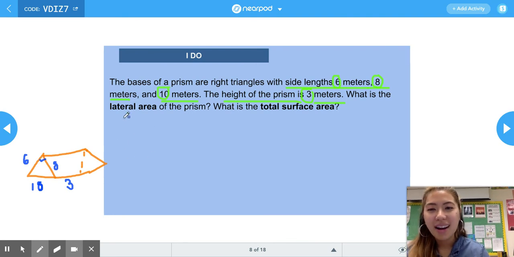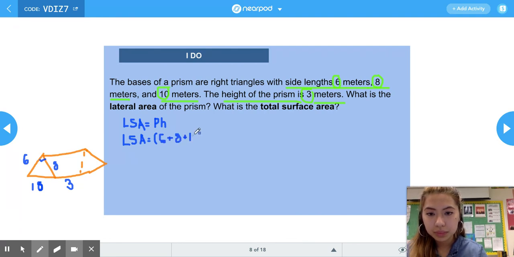Okay, so our lateral surface area formula is P times H. So we have to find the perimeter of the base and multiply that by the height of the prism. So our perimeter is 6 plus 8 plus 10, and then our height of the prism is this 3.